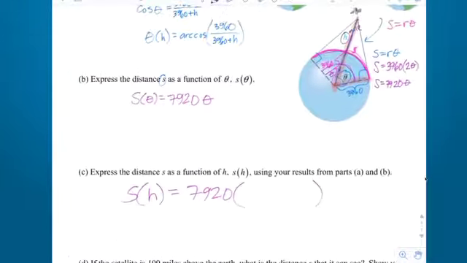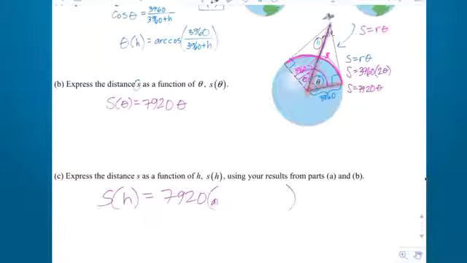It's going to be arc cosine of 3960 all over 3960 plus H. So there you go. This is a great question because I'm basically walking you through it and telling you to find, component by component, individually, all the things that you need to answer the final question.